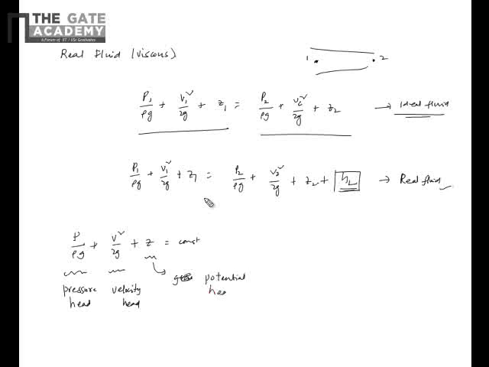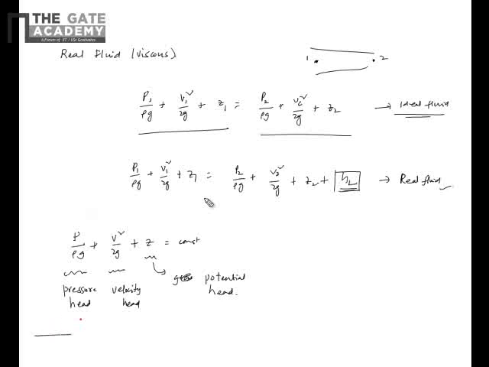So the sum of these three heads is constant. Okay, so that's what Bernoulli's equation says. Later when we solve some problems, we'll try to understand the significance of each term. So the decrease in one term will lead to an increase in another term.